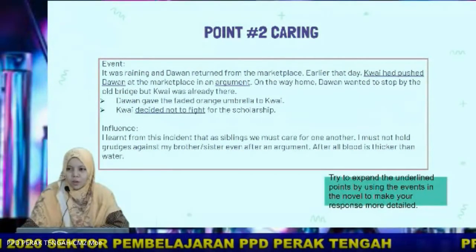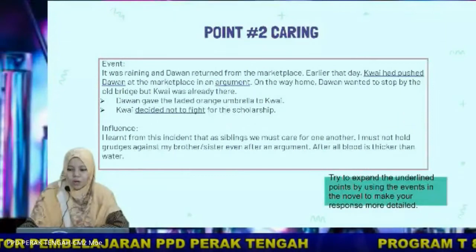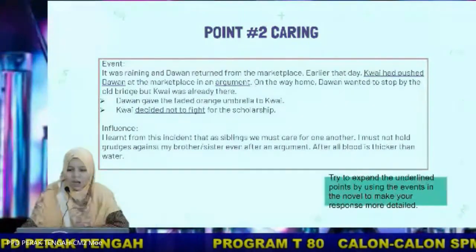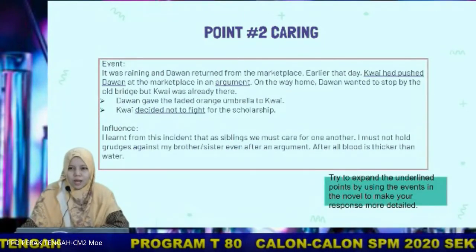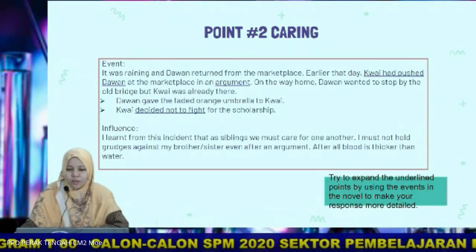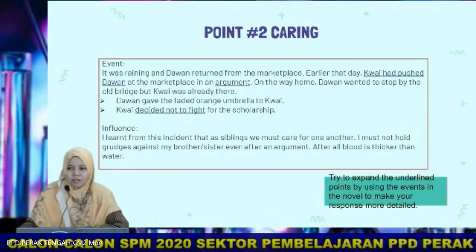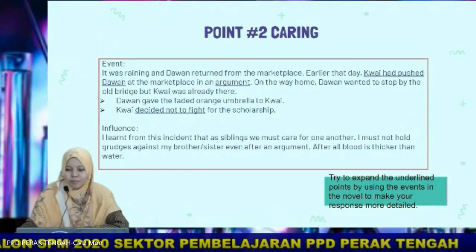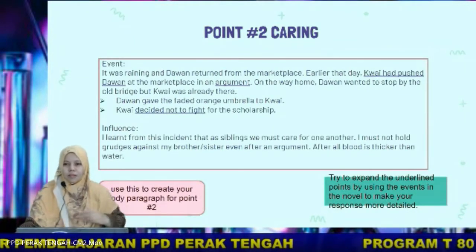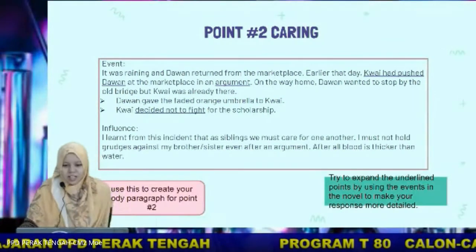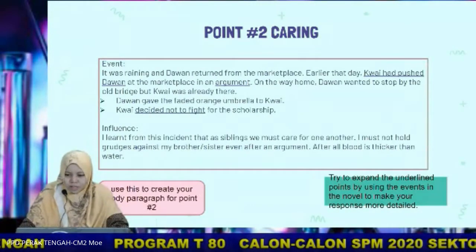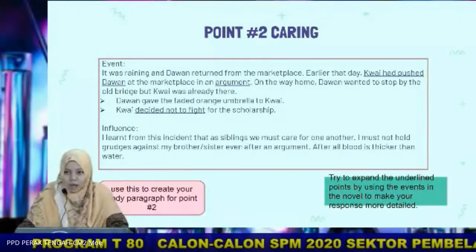So here, I want any one of you to expand the underlined points. Tell me how Kwai pushed Dawan and what happened to Dawan. Expand the first point first. Kwai had pushed Dawan. How do you elaborate on that point? I'm giving you 5 to 10 minutes to elaborate on the first underlined point.